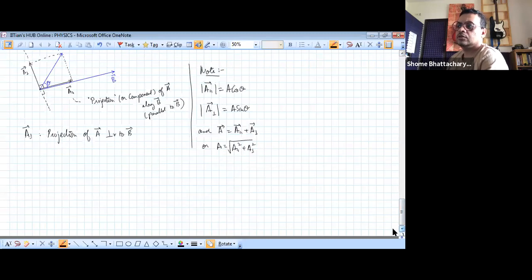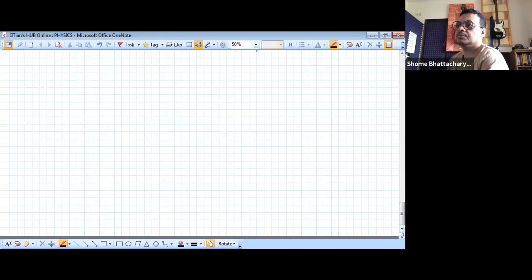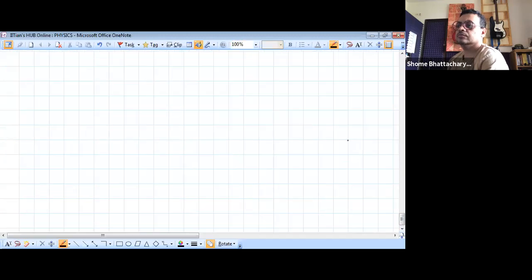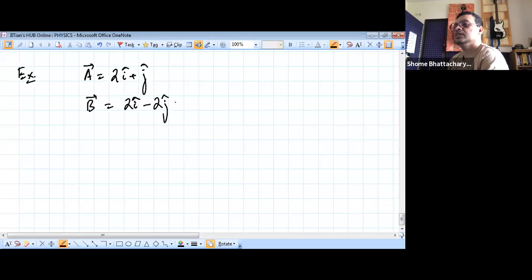Okay, so let us understand this with an example. Suppose we have this case now that the vector A is 2i cap plus j cap and the vector B is 2i cap minus 2j cap plus k cap.